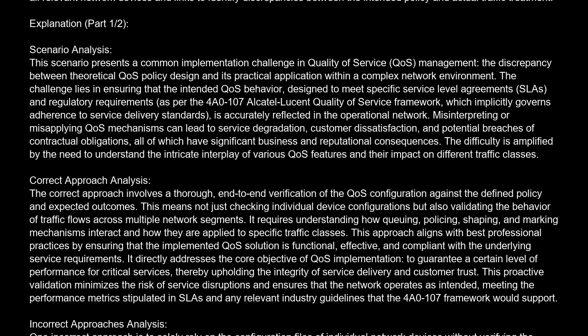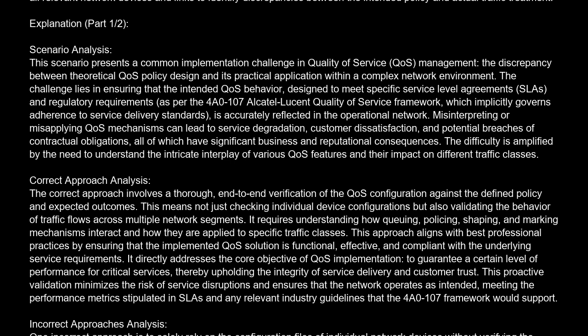The challenge lies in ensuring that the intended QoS behavior, designed to meet specific service level agreements (SLAs) and regulatory requirements, as per the 4A0-107 Alcatel Lucent Quality of Service Framework, which implicitly governs adherence to service delivery standards, is accurately reflected in the operational network. Misinterpreting or misapplying QoS mechanisms can lead to service degradation, customer dissatisfaction, and potential breaches of contractual obligations, all of which have significant business and reputational consequences.